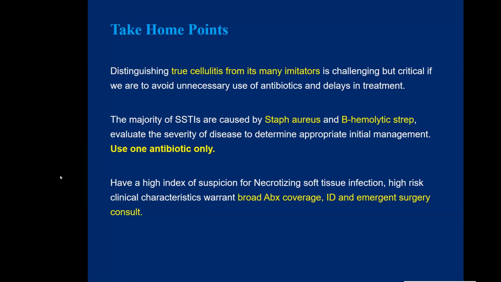See how severely sick is the patient to determine the appropriate initial management. And as much as possible, if your patient is not severely compromised, use one antibiotic. And then third is have a high index of suspicion for neck fash. Get a broad coverage, get ID, and get surgery on board soon.